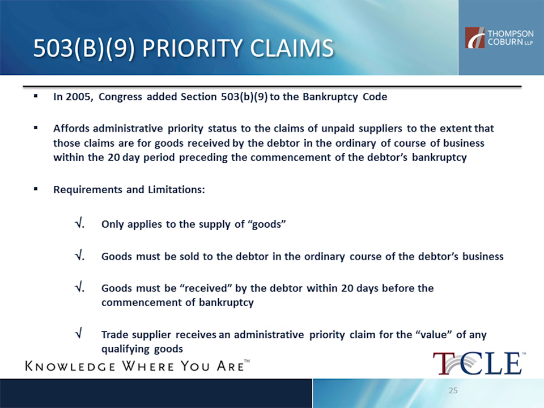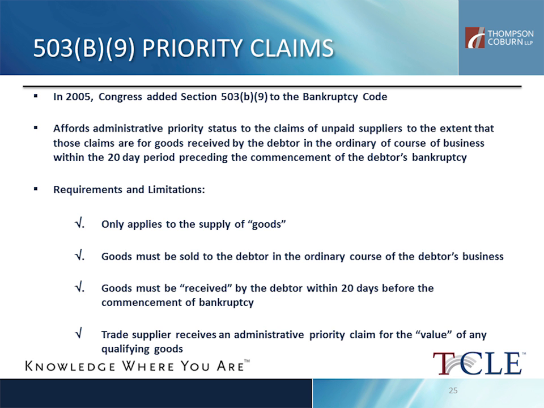The goods have to actually be received by the debtor within 20 days before, so it's not just what your invoice date is. You're going to need to look at when the delivery actually occurred, and that's been litigated in several cases, when a debtor actually receives those goods. That's an important caveat to this protection. It has to be delivered, put into their possession, within 20 days before the commencement of bankruptcy.